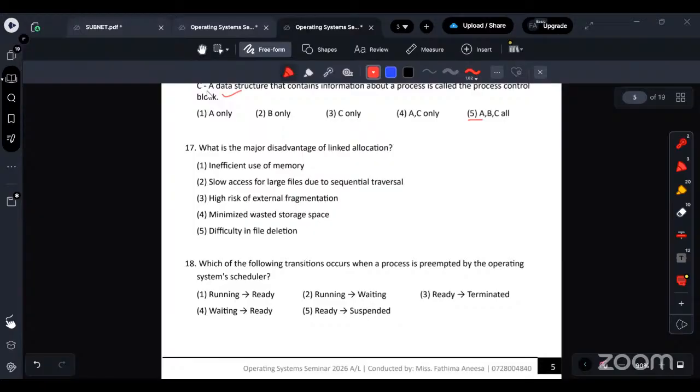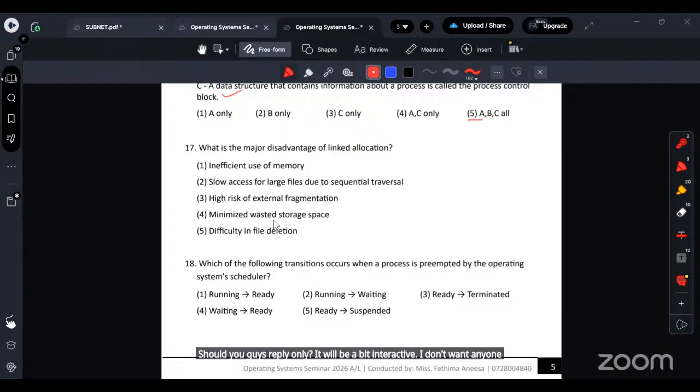Good, I got 2 correct answers. Others, Jamras, Umar, Elena, who else? Azar. I will read your names if I don't get answers. If you guys reply only, it will be a bit interactive. I don't want anyone to just stay silent.